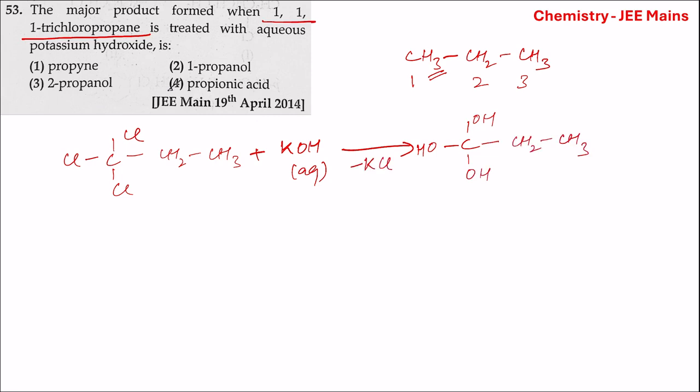Now 3 OH groups on the same carbon is quite unstable, so water gets removed and the final product formed is CH3CH2COOH. On heating, a molecule of water gets removed and the final product formed is propanoic acid. This is a 3-carbon acid, so propanoic acid. So the correct option is option 4. Here it will be 3 moles of KCl.